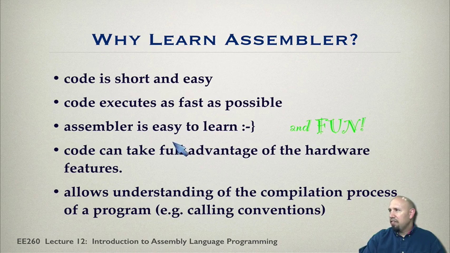Also, the code can take full advantage of all the hardware features. And finally, learning assembler allows us to understand all the compilation process of a program, otherwise known as calling conventions and things like that associated with the microcontroller.